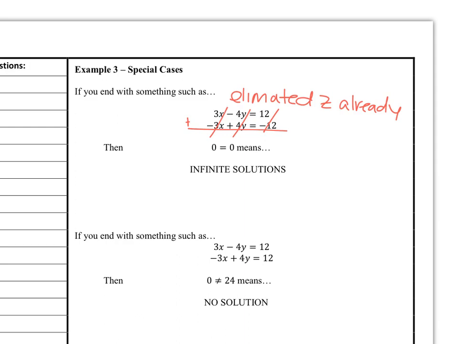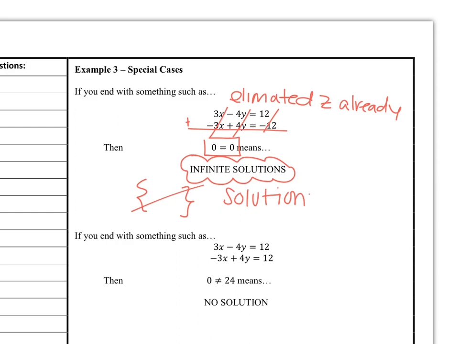So what we're saying is that if we find 0 equals 0, that means that there are an infinite number of solutions. Okay, so when you go to write your solution, you're not going to go for curly brackets. You're going to instead say the solution is infinite solutions.